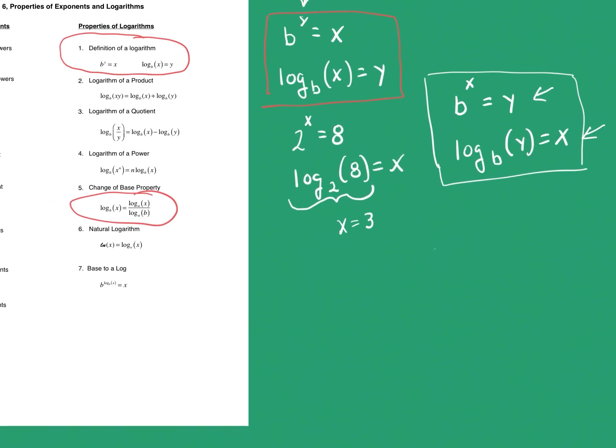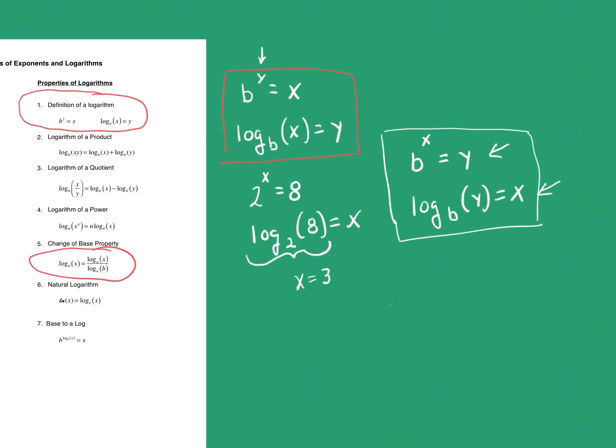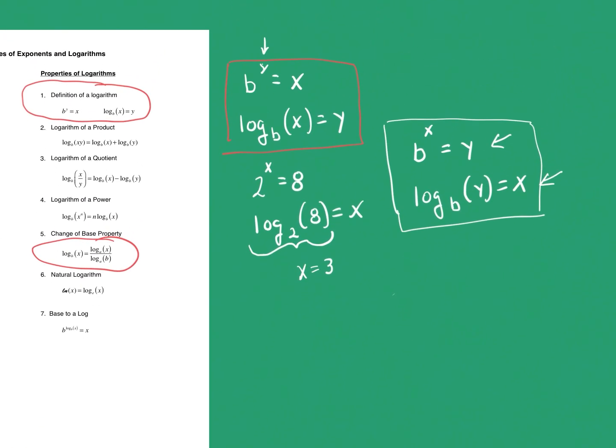Okay, let's go to the logarithm of a product. Let's see, I'll just erase this here. Okay, the logarithm of a product. This is a nice property, and it tells us that if I have log base b of x times y, and again, we don't always write the multiplication sign, but let's write it just to be really explicit, well, that equals the log base b of x plus the log base b of y.